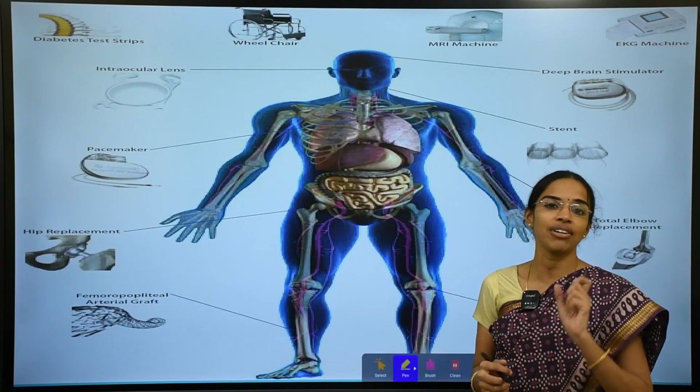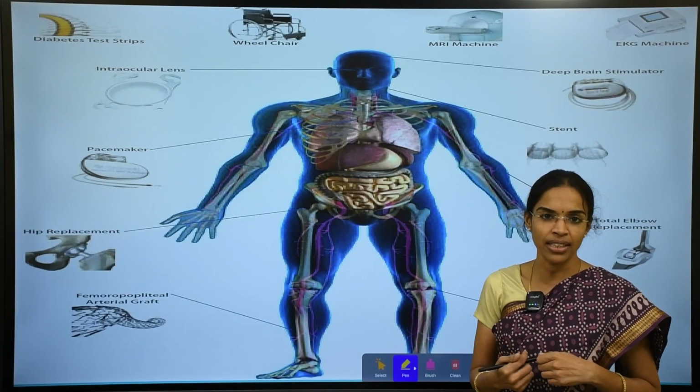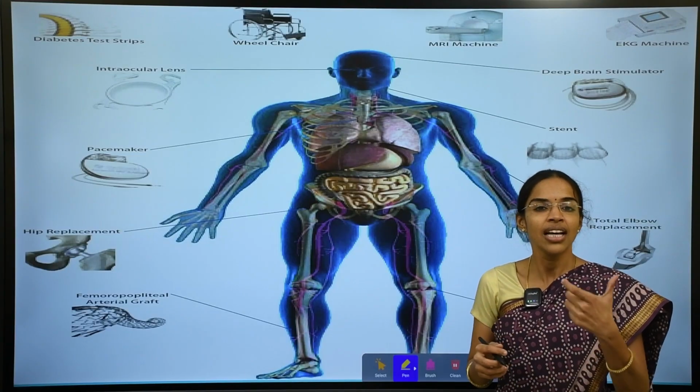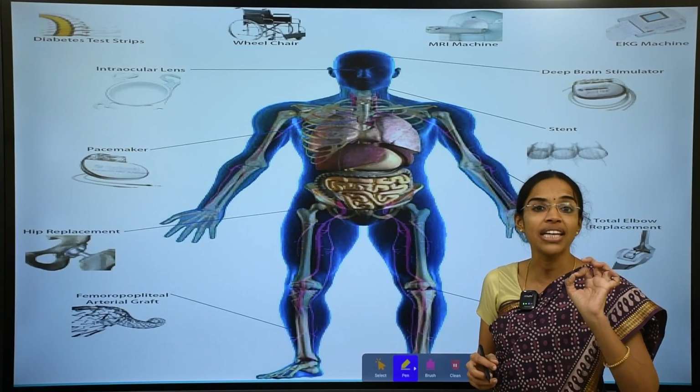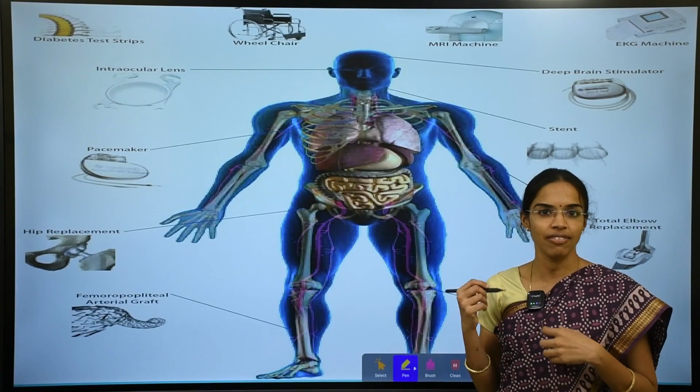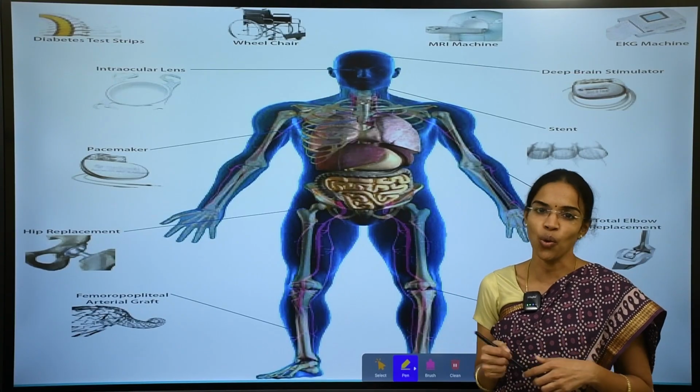But especially for pharmacy students who have applied, B Pharma or M Pharma, the medical devices rules will be very crucial and very scoring.